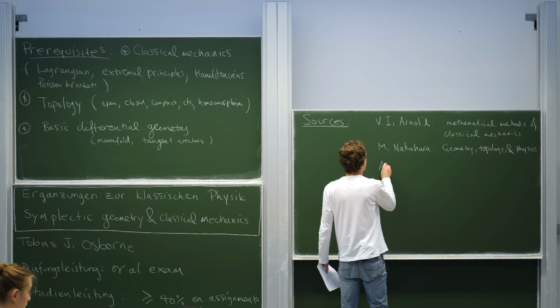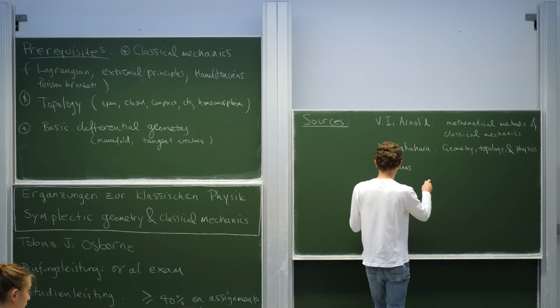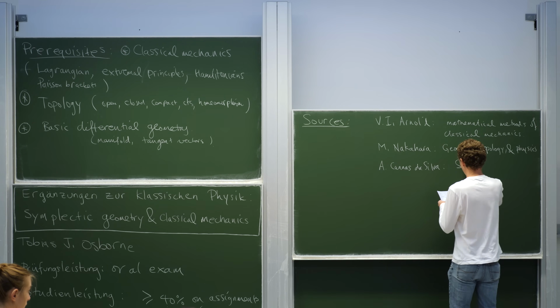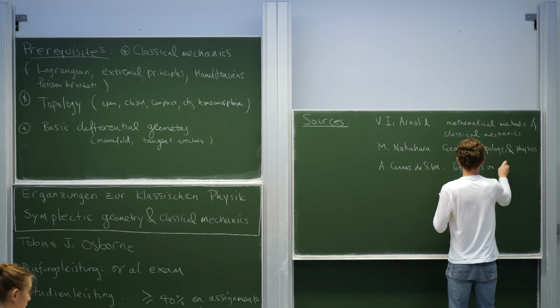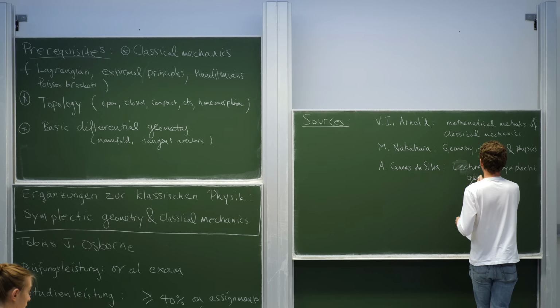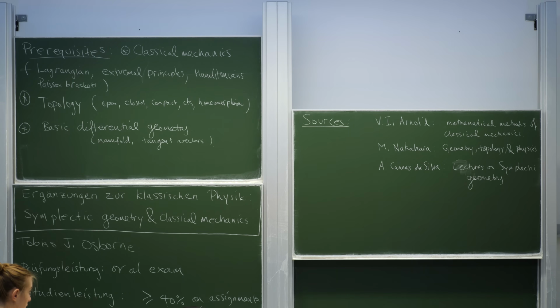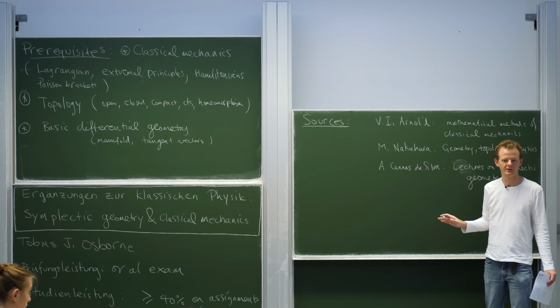And for the large part of the second half of this course, we're going to use a very lovely book of Cannas da Silva. So the course is somehow pieces of all these three books pasted together in hopefully a coherent fashion.